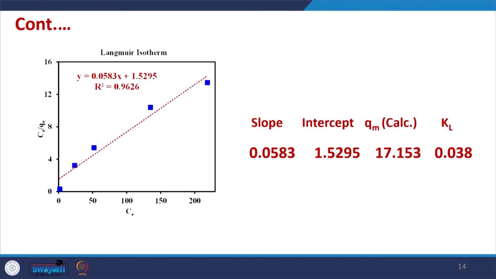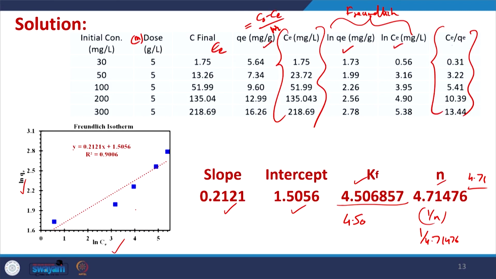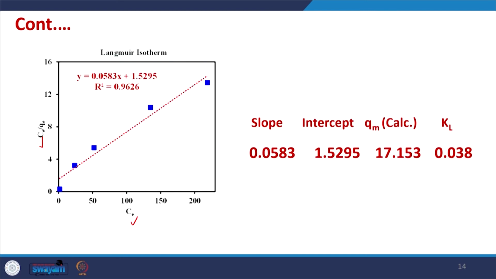Okay. Now, similarly we can plot the C by QE versus CE data. Here you can see the plotting has been done and the data have been linearized. The slope is 0.0583 and the intercept is given.